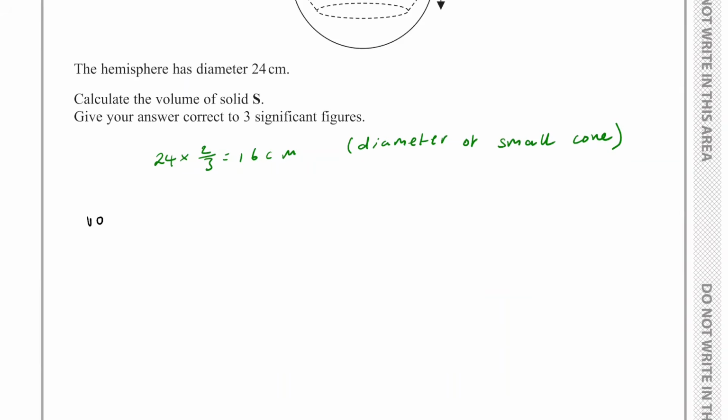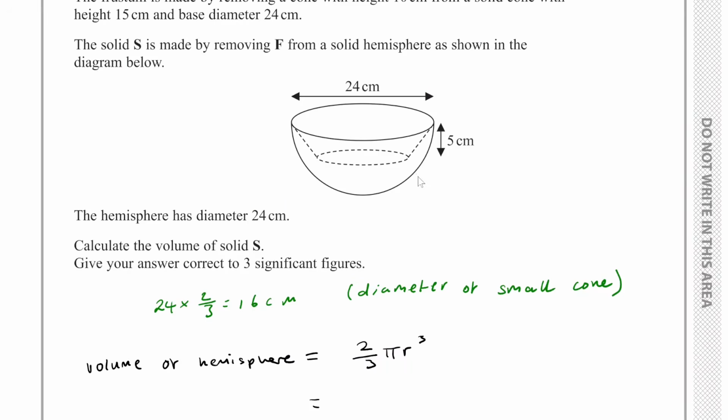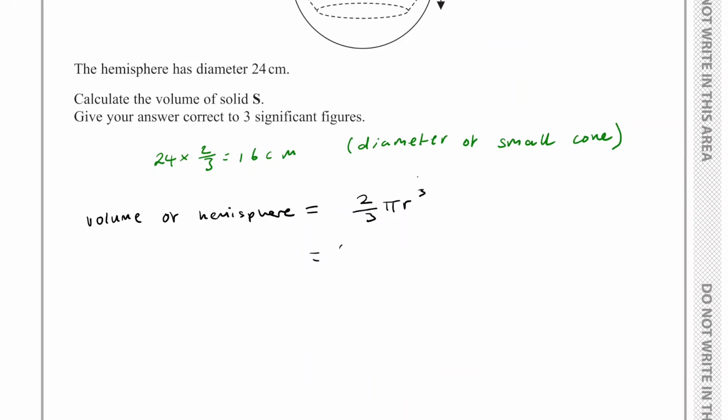So volume of hemisphere, 2/3 of pi r cubed, and r is half the diameter, so 12. So 2/3 of pi times 12 cubed.